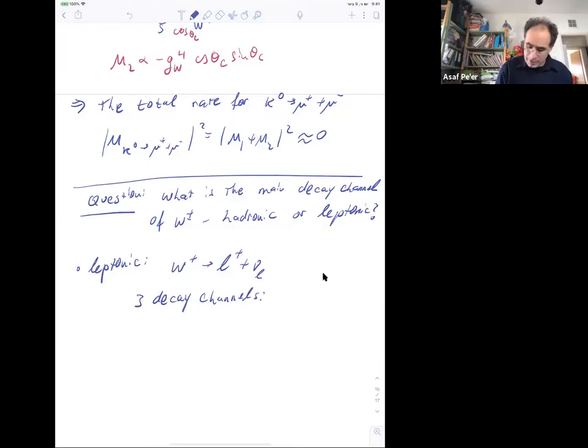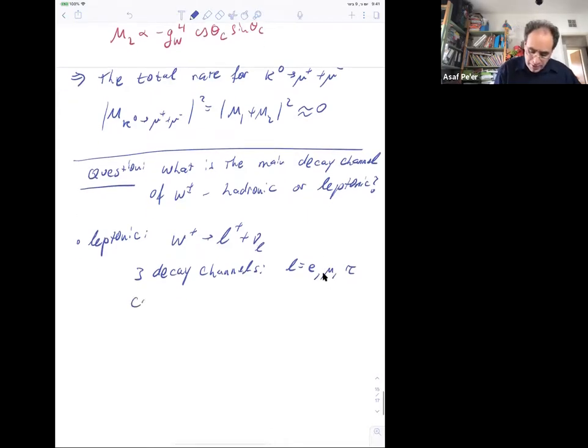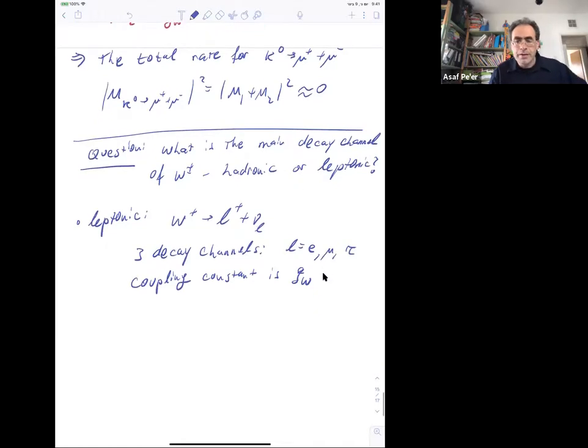Basically, L can be electron, muon, or the tau. For all of them, we said that the coupling constant is G weak, for each. Now we have to use the knowledge that the mass of the W is much greater than the masses of each one.